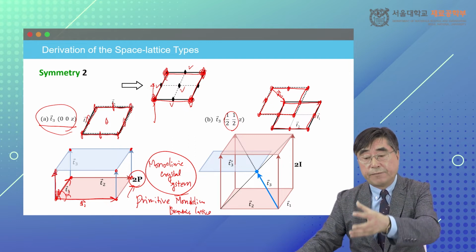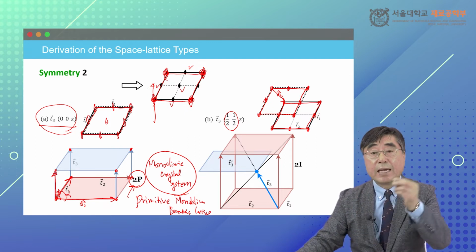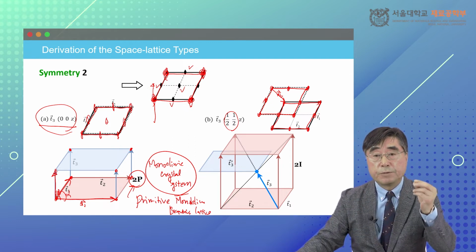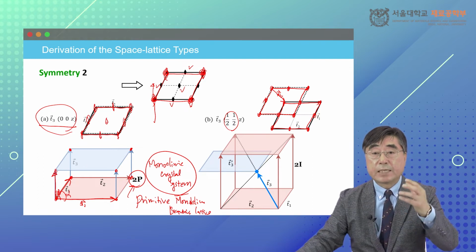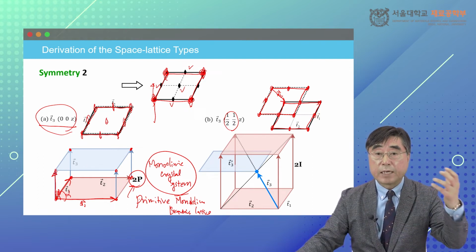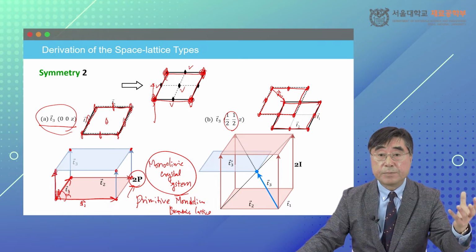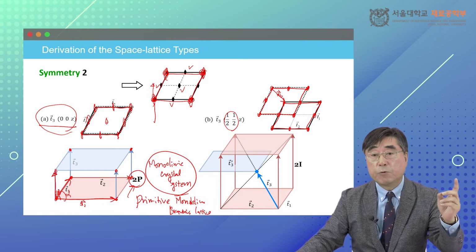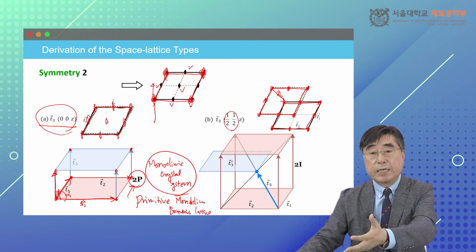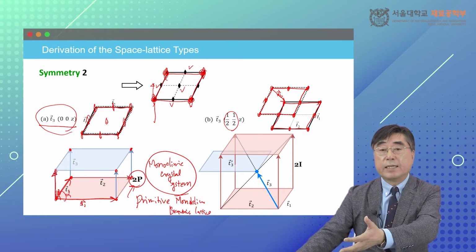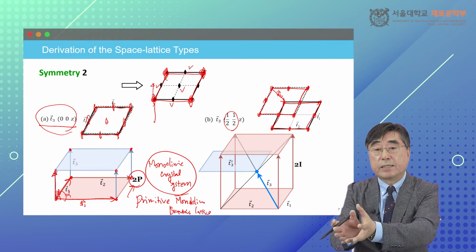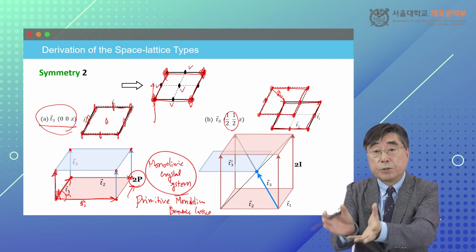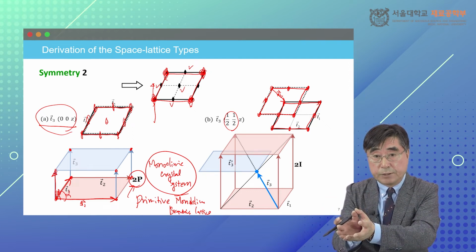If I define the unit cell like this, I lose the information of symmetry. Basically, the unit cell shape looks like the monoclinic crystal system. The definition of that one is that it has only one-fold symmetry. But this one has two-fold symmetry. So I cannot define the crystal system like this, because now I lost my symmetry information.